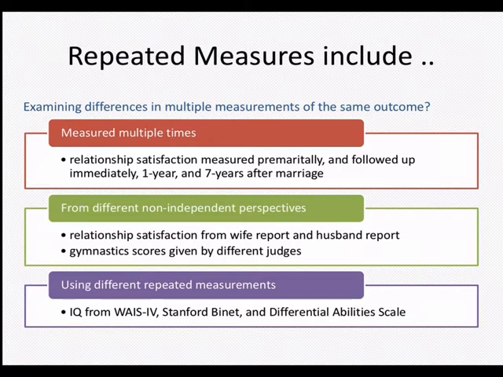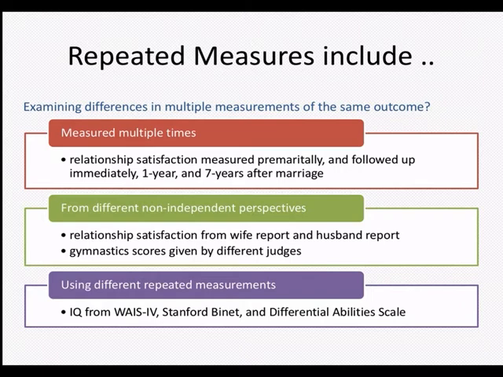Another one, which is not related to time, but is also similar in terms of the stats, is from different non-independent perspectives. If we want to measure a couple's relationship satisfaction, and we ask both the wife and the husband, we're asking 2 perspectives on the same thing, right? The same DV, their relationship satisfaction, and they share that relationship. So this is another form because there's shared variance there.